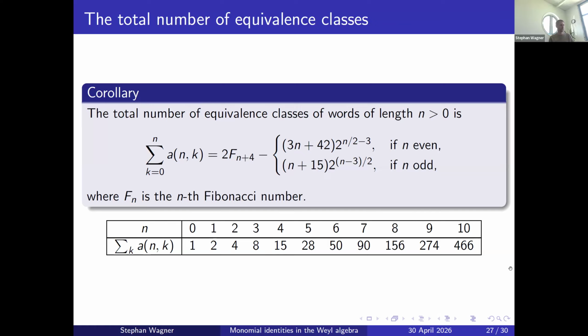And yeah, here is a table showing the numbers. Words of length 0, there is only one, that's the empty word. There are 2 words of length 1, 4 words of length 2, 8 words of length 3. The first interesting case is length 4, where it's not 16 anymore, because we have the equivalence of UDDU and DUUD.